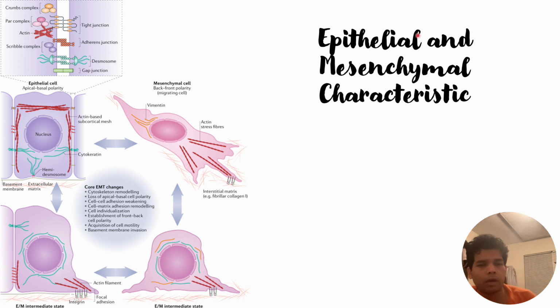I hope you got a basic idea about epithelial and mesenchymal characteristics, and what some of the forces are that play a role in keeping the cells epithelial-like, and how these forces change when they acquire mesenchymal-like characteristics.